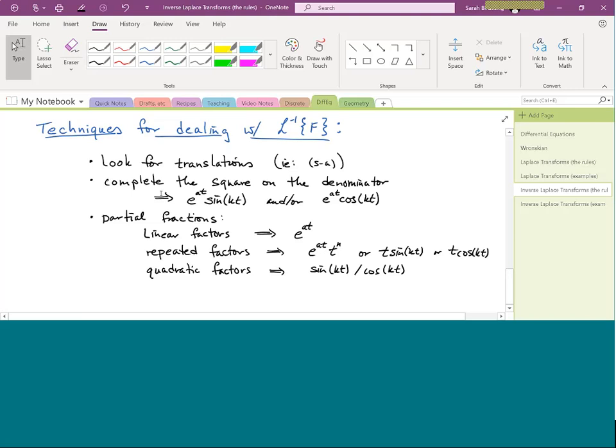We talked about that already. Second thing deals with sines and cosines, specifically if you've multiplied an e factor by a sine or a cosine and then took the Laplace transform, on the denominator you have s minus a squared plus k squared. Well, normally it's not kept in that way. Normally people actually multiply it out, distribute it out, and make it one polynomial in the bottom of your fraction.